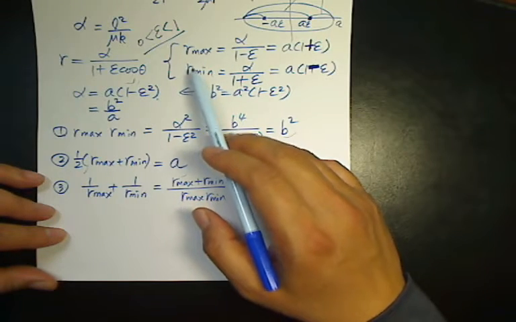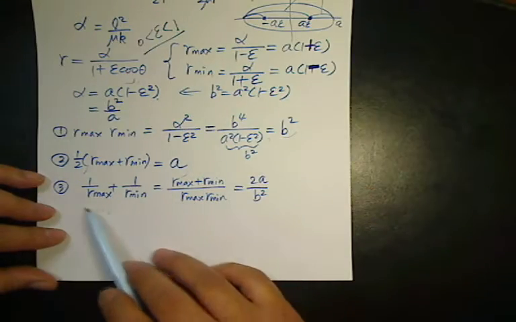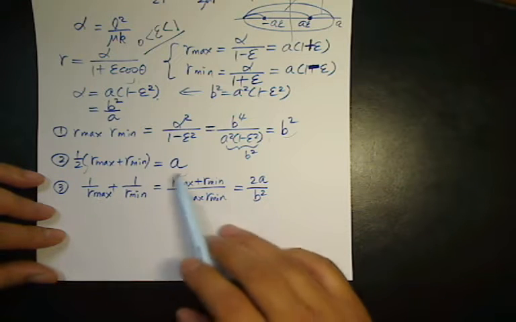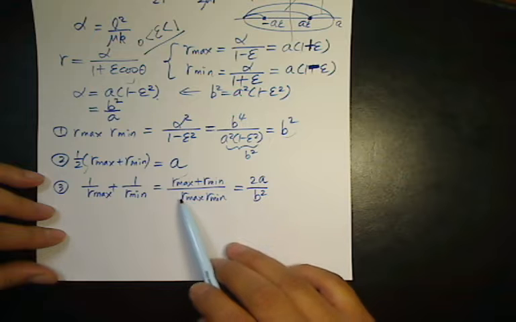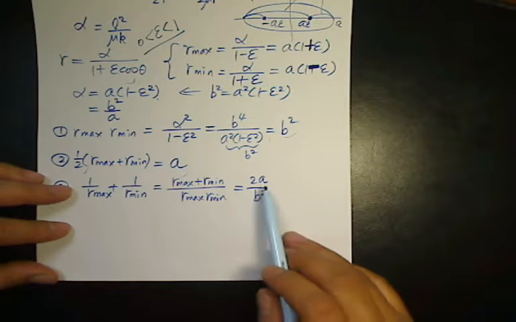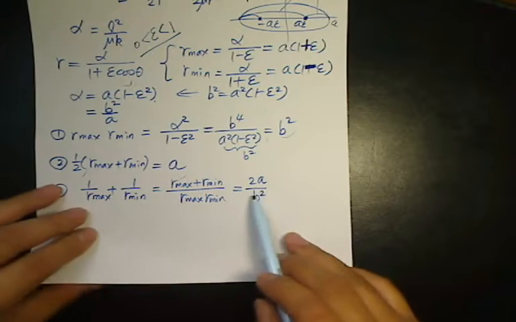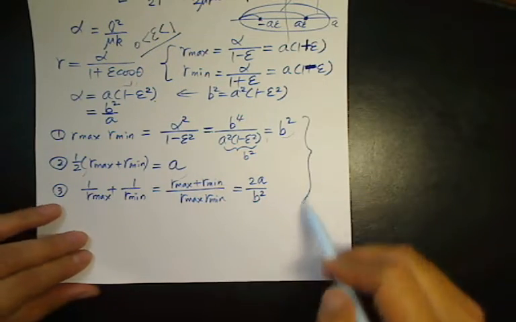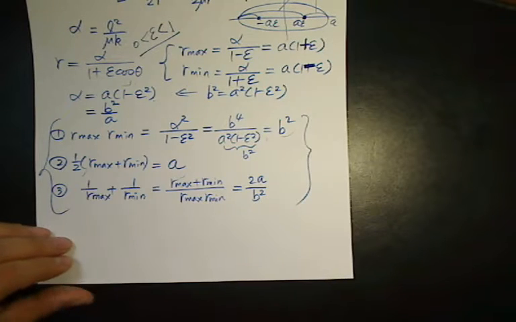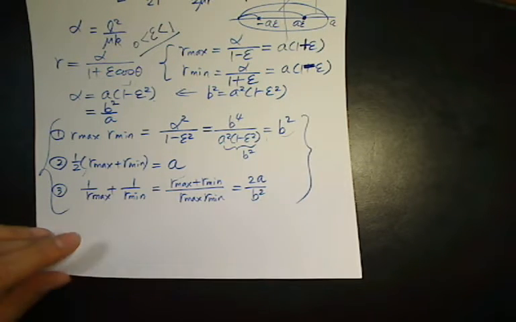Then 1 over r max plus 1 over r min: the product is b squared, the sum is 2a. Equipped with these formulas, we can attack Kepler's second law and third law.